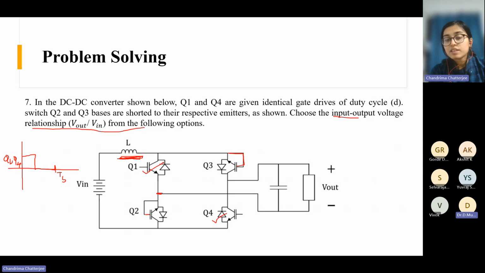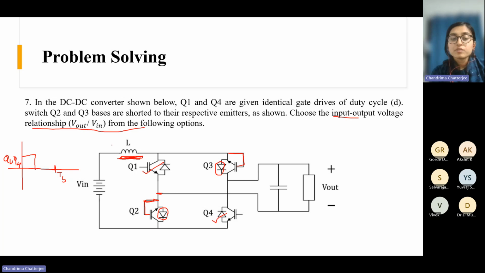What does that mean? That means these two switches will never be on because you have physically shorted the gate and emitter. However, these anti-parallel diodes can conduct because they are external diodes, but the switches will not conduct because their gate and emitter terminals are shorted.